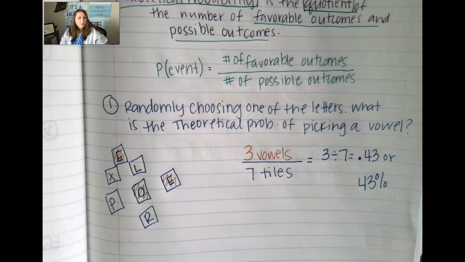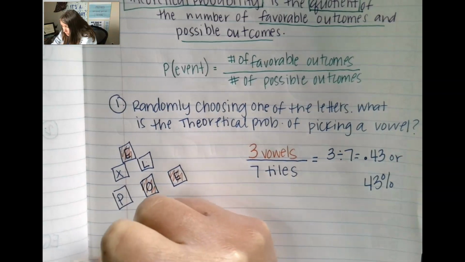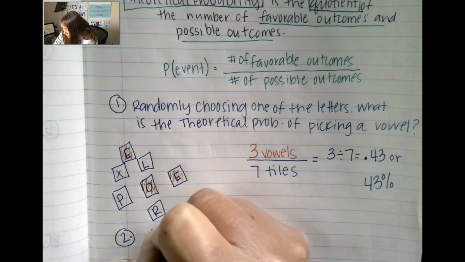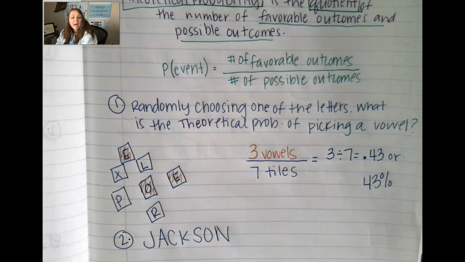Okay, let's do another example of theoretical probability. So, theoretical probability of the letters. Okay, so we're going to look at a word, and we want to choose a letter from the hat that is a vowel. Okay, so number 2, we have the letters from the word Jackson put into a hat.